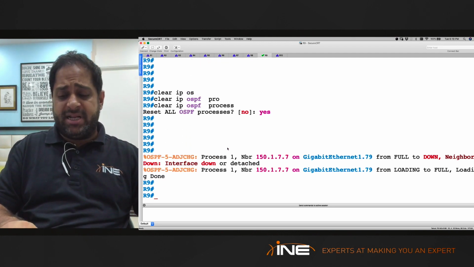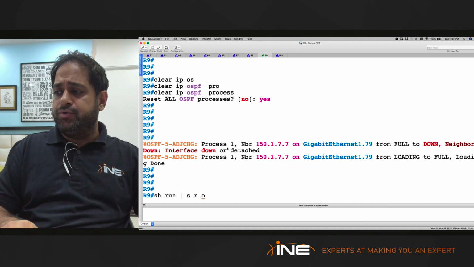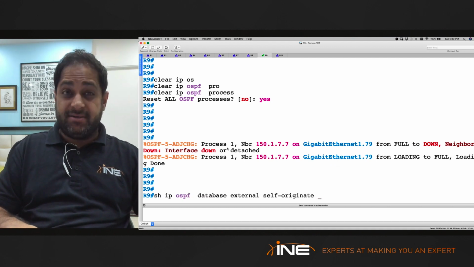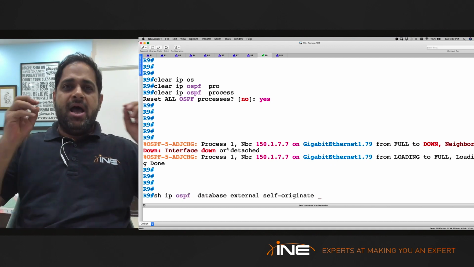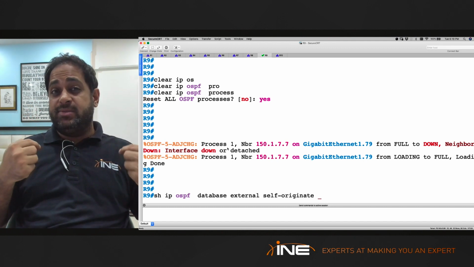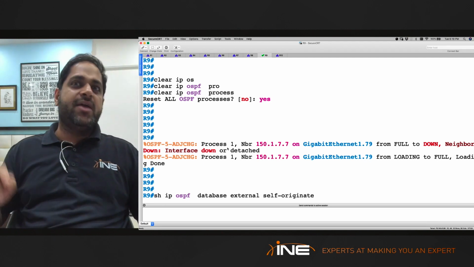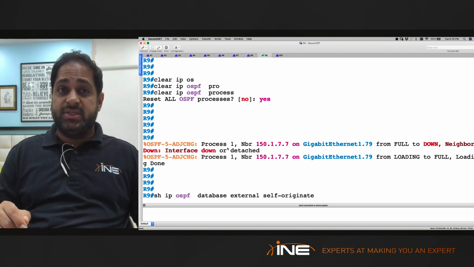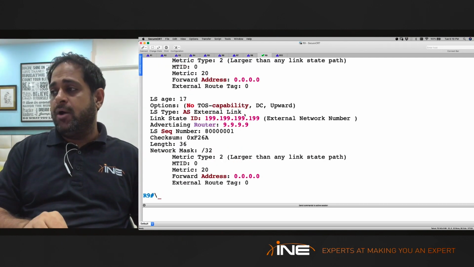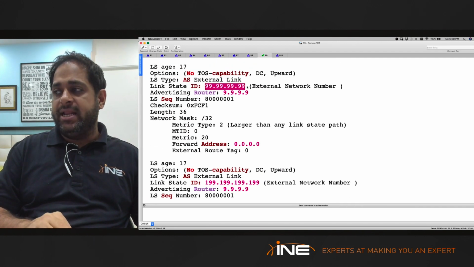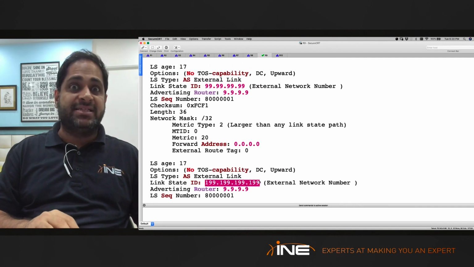Now once I do this, and if I go back to show ip ospf database external self-originate, R9, who is now the ASBR, is advertising LSA 5, and that LSA 5 would remain unchanged throughout the OSPF domain. He is advertising 99 and 199 as prefixes.